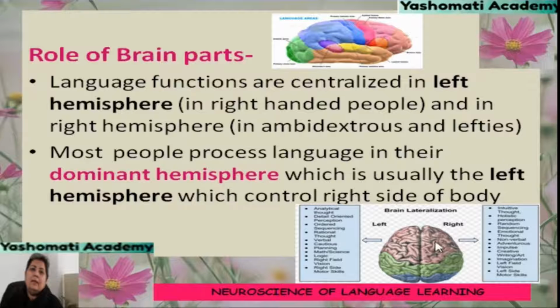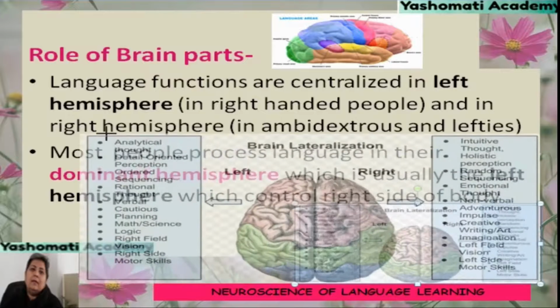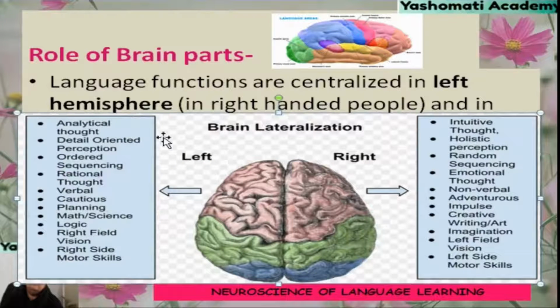So we all know that the two hemispheres may have different functions localized on them. As this picture is showing us, the left side of the brain has functions like analytical thought, detail-oriented perception and verbal communication, whereas the right side of the brain has intuitive thought, emotional thought and non-verbal communication.